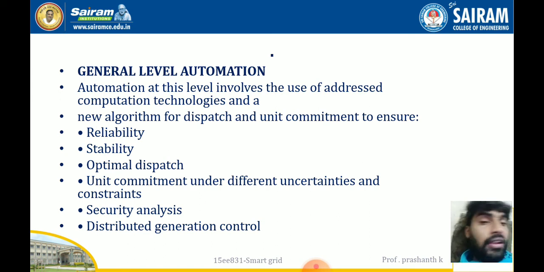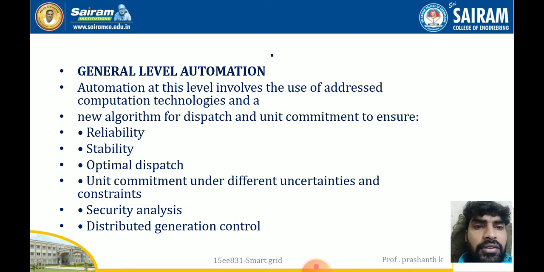Automation at this level involves the use of advanced computational technologies and new algorithms for dispatch. The system must be reliable and stable, with optimal dispatch, I mean minimum losses, more generation, and then more usage. Unit commitment is based on different uncertainties and constraints.